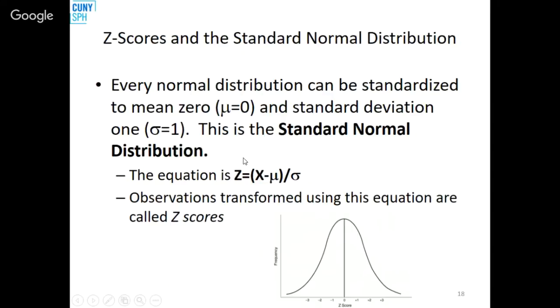And any normal distribution, if you take all of its measurements, all of the possible values, so this X, capital X being a random variable that is normally distributed, if you subtract the population mean and divide by the population standard deviation, this returns to you the standard normal distribution with mean 0 and standard deviation 1.